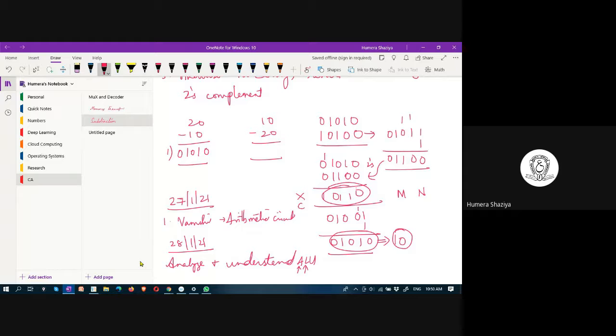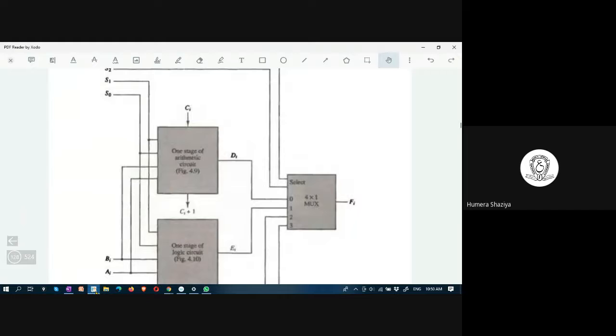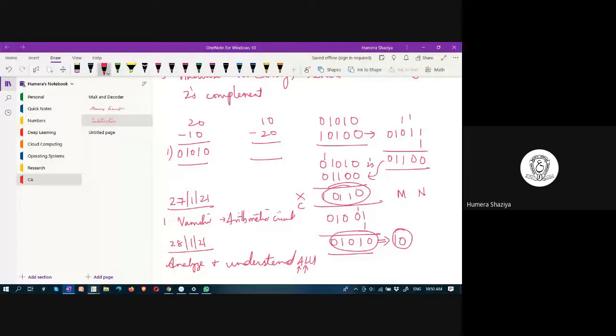All that you are combining into one unit, known as the ALU. So you have to analyze and learn the ALU circuit.